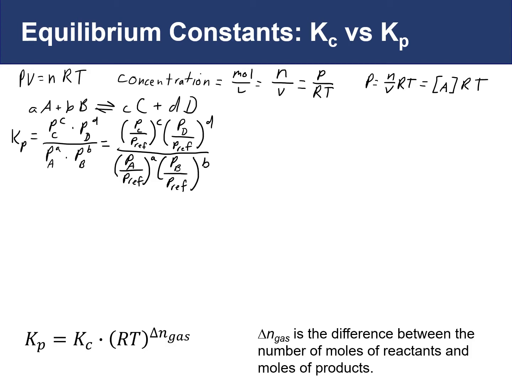We can now take our expression that we have here for concentration and how that relates to pressure and replace each one of our regular pressure values with a similar expression using concentration.